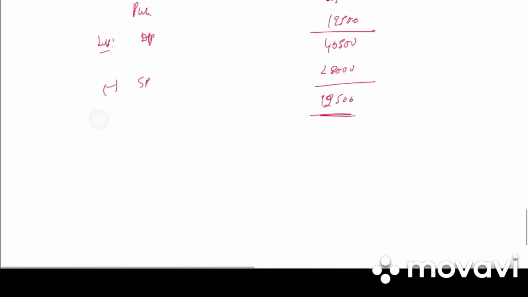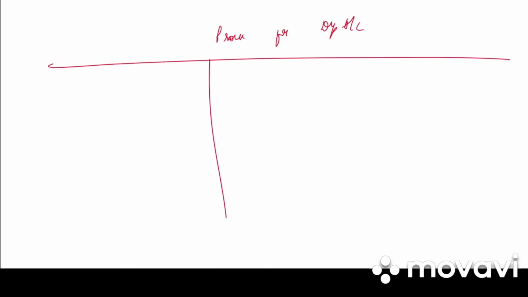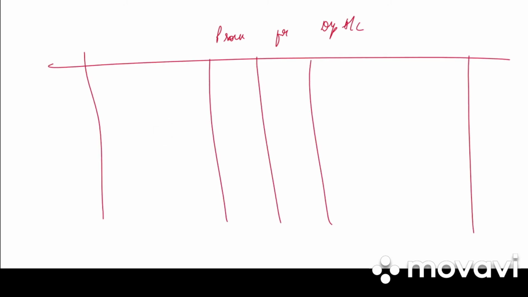3,40,000. Next we need to prepare provision for depreciation account. So write down provision for depreciation account. So 31st March 2010 by depreciation account, that is 3 lakh into 10 by 100, 30,000.